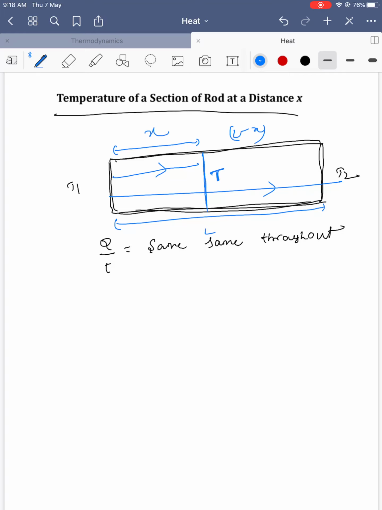Okay, so listen carefully. Say the heat flow rate, I am assuming the first section T1 to T, as H1.